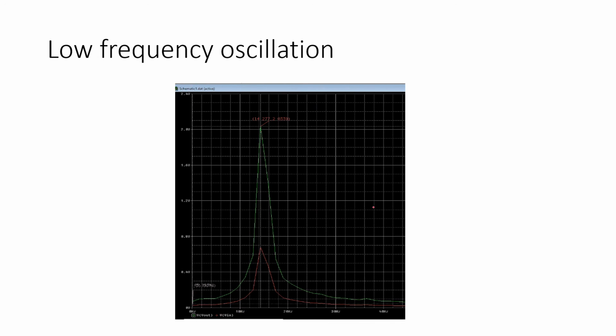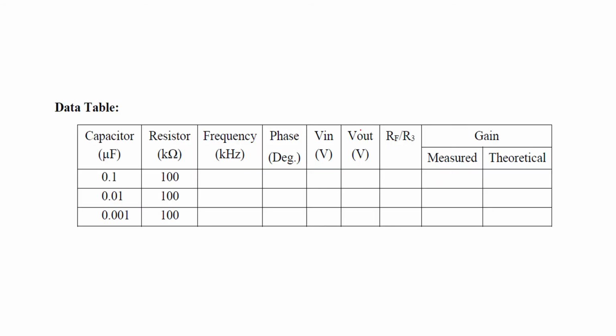You can use either of these two methods to show the frequency. You can see that it is 14 hertz, a low frequency oscillation. Basically the Wien Bridge Oscillator is used for low frequency oscillation.